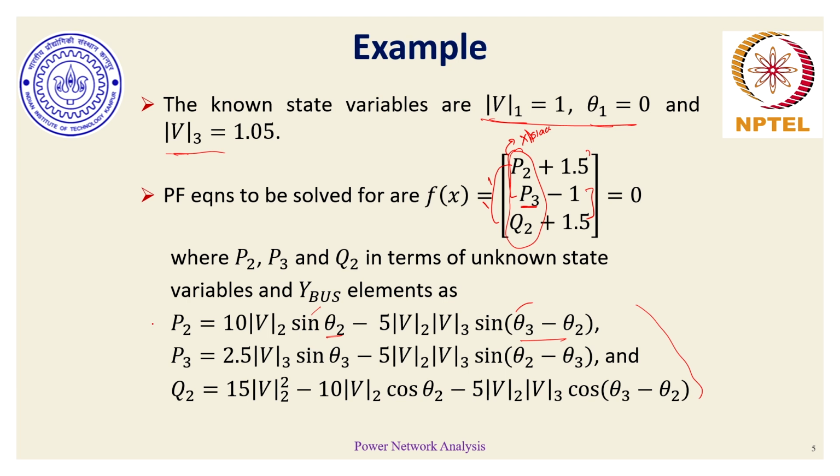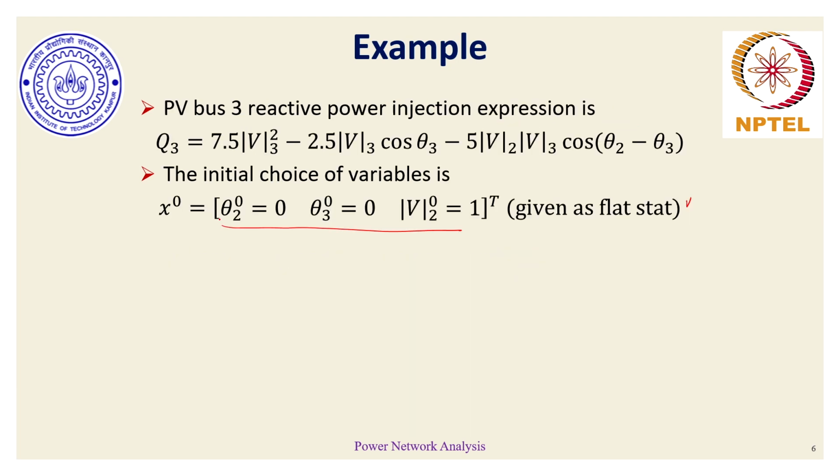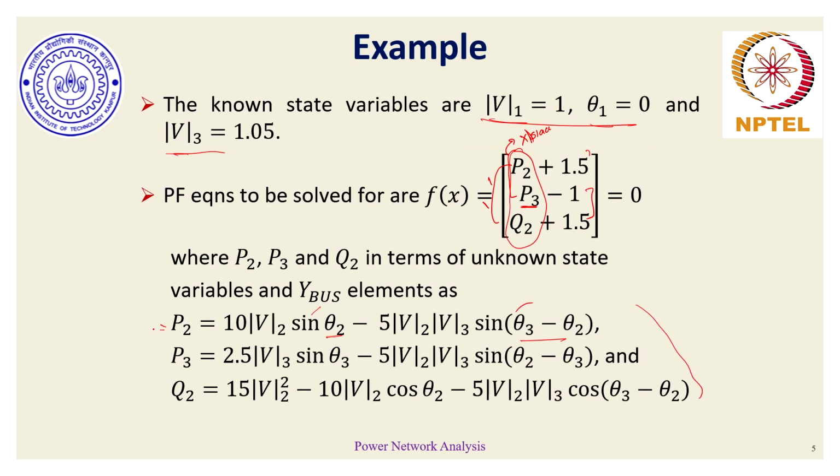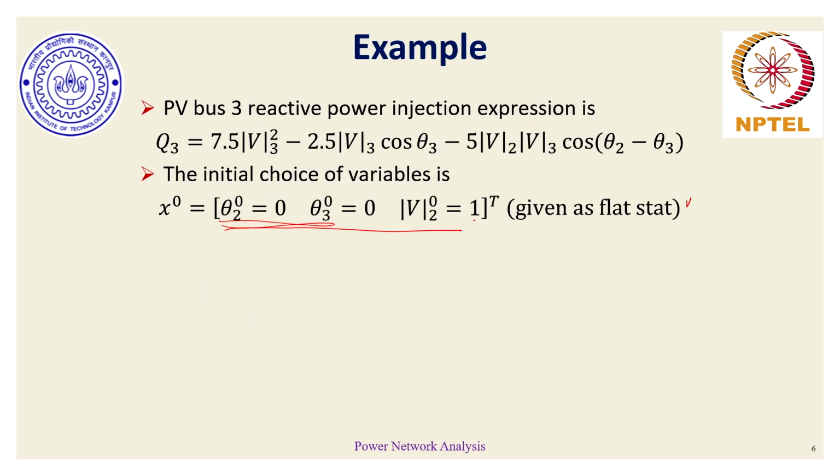So P2 and P3 for the initial values of theta 2 and theta 3 as 0 turn out to be perfectly 0, whereas for Q2 the cosine values turn out to be equal to 1, cosine of 0 is 1, voltage magnitude of V2 is chosen as flat start, which is 1.